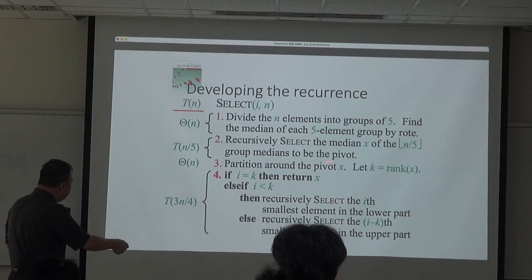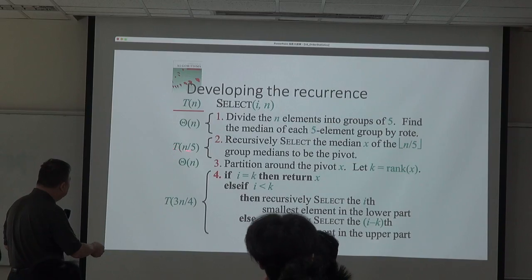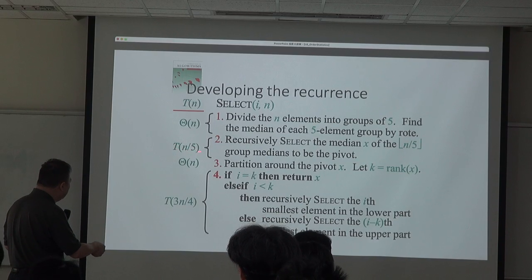For the second step, you recursively select the median of all these medians, because you have roughly n divided by 5 of these median numbers. From these median numbers, you find the median, so it's T of n divided by 5. And then partition around pivot x.